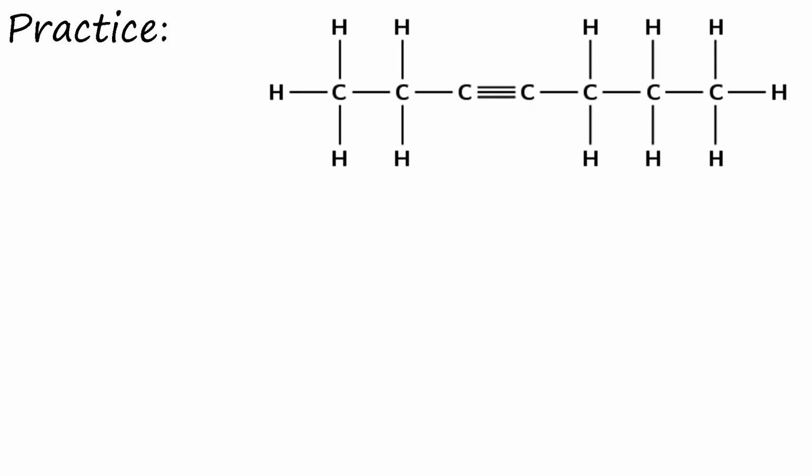Also pause the video and try to do it by yourself first. In this case, we have a triple bond. Remember from before I said for a triple bond, you have to have a 180-degree angle around the triple bond. So in this case, we're going to divide it into two parts. We're first going to draw the first three carbon atoms, and then we're going to draw the last four.